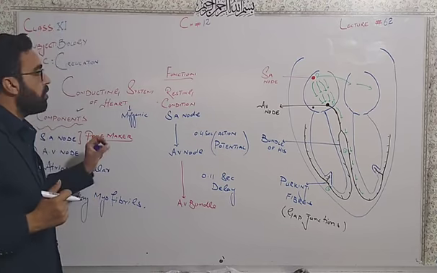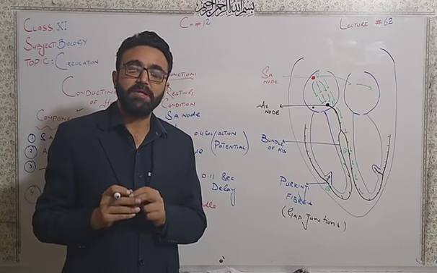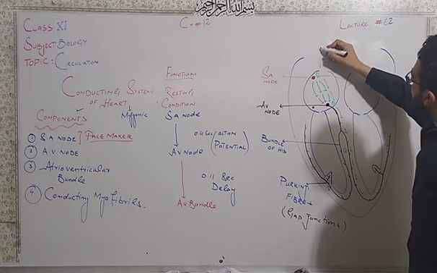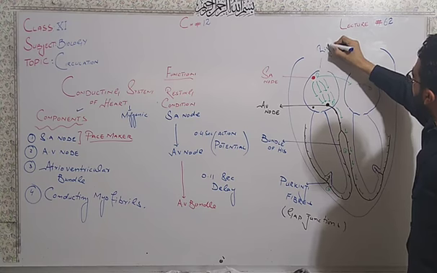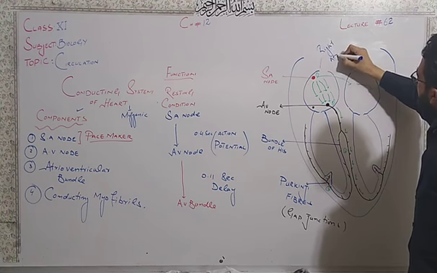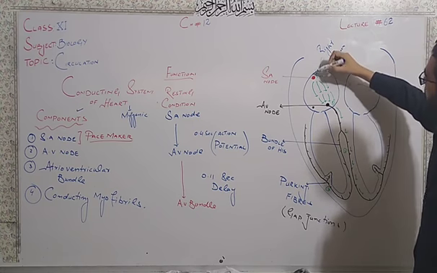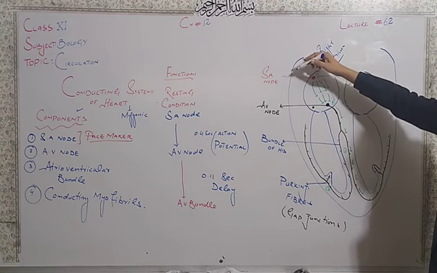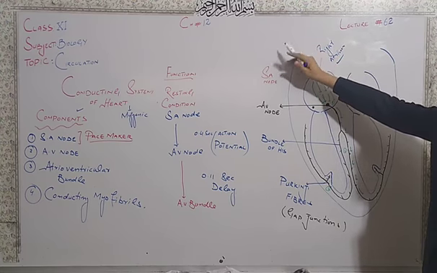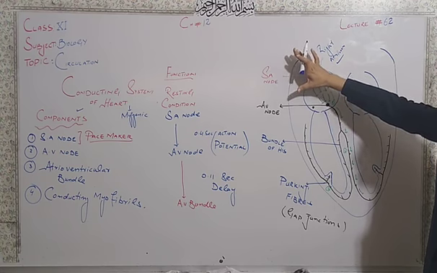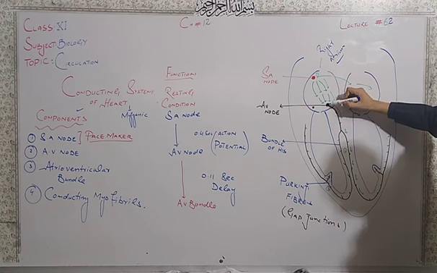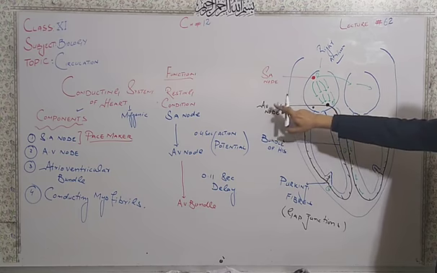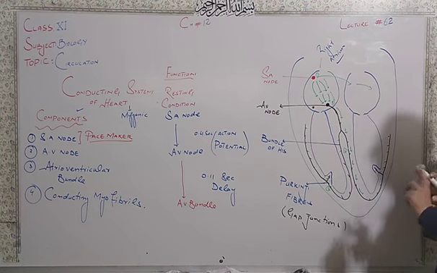My dear students, what is a node? A node is actually an aggregate of muscle fibers. Look at the right atrium. Just at the top of the right atrium, we have the sinoatrial node. Then at the base we have another node, called the atrioventricular node, or the AV node.